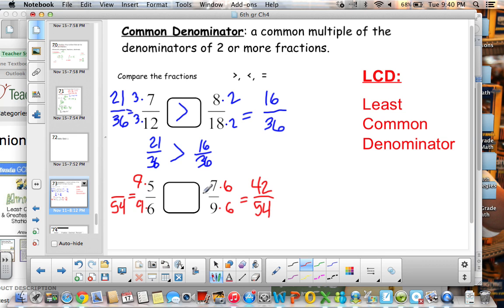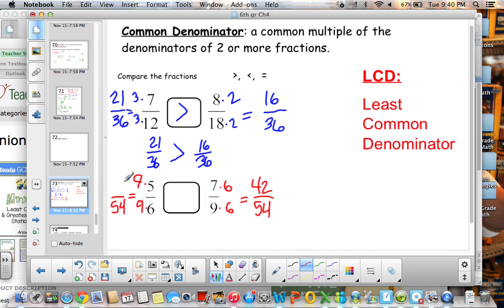Notice I'm doing different multiplying to each of the fractions, but I'm getting the exact same denominator. We're going to focus on one fraction at a time and figure out what I have to do to get my denominator to be 54, or wherever I'm trying to get to, and then you have to do the same thing to the top.